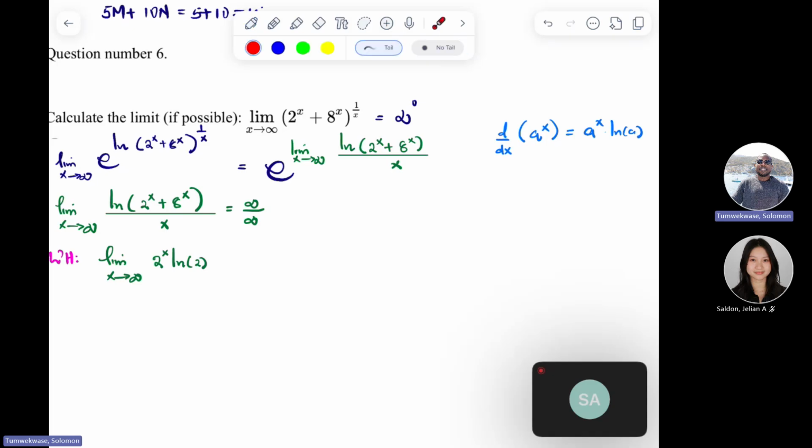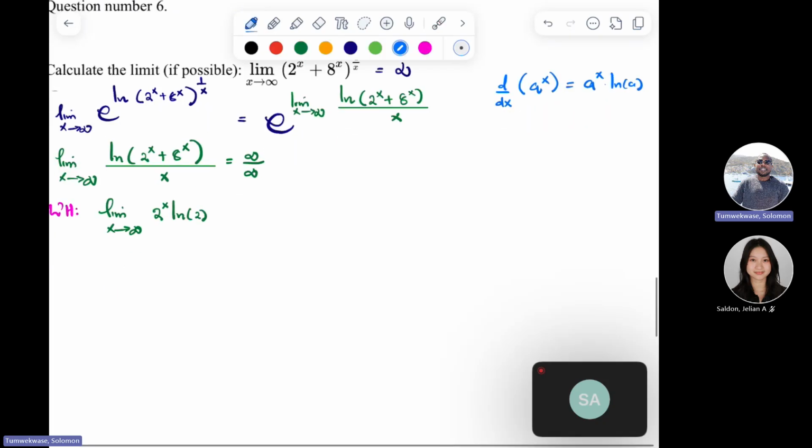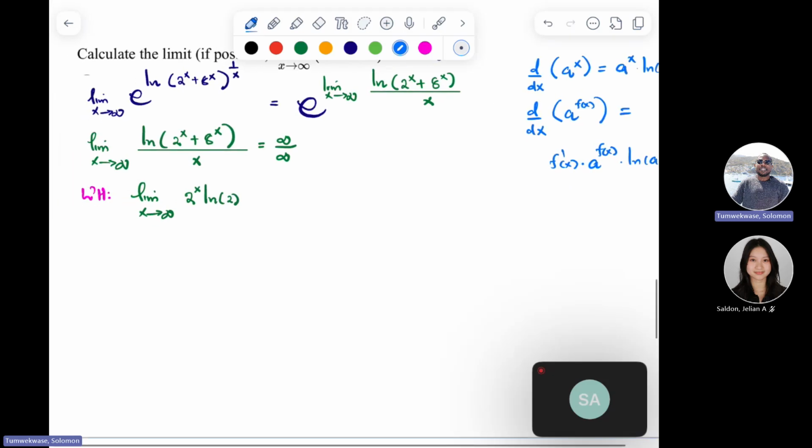Now remember that is because we just have x, because the derivative of x is 1. So there is a silent 1 there. In other words, if it is d dx of a to the power of some function, then this is the same as the derivative of the function, then times a to the function, then times the natural log of a. I hope you remember that.